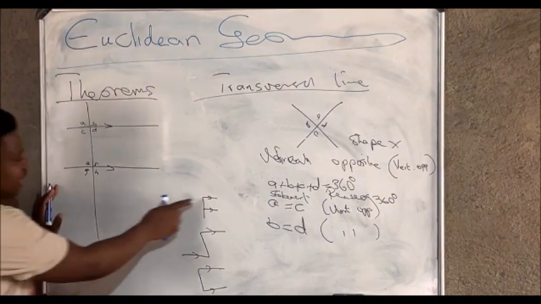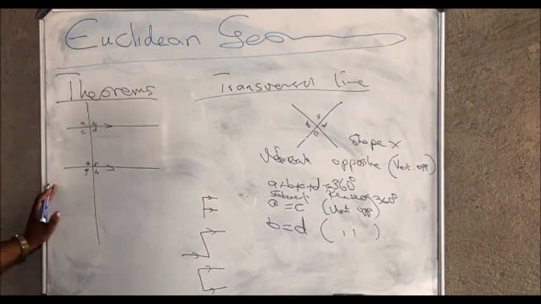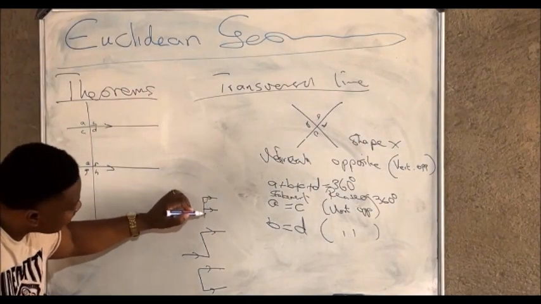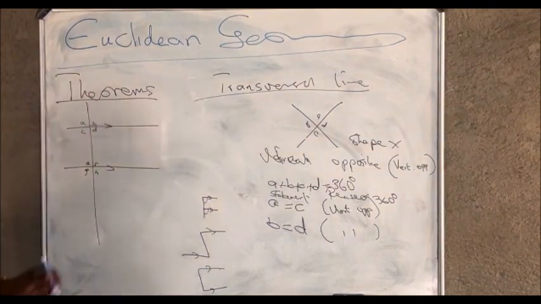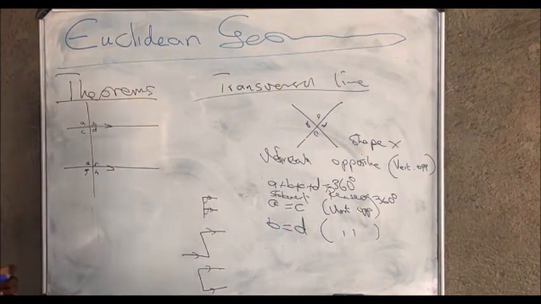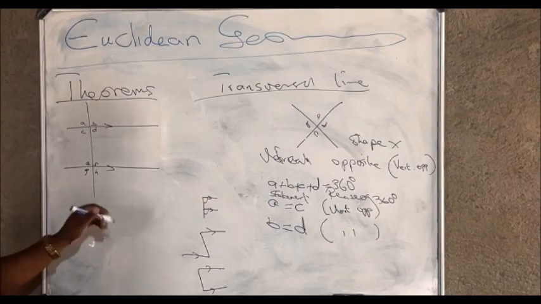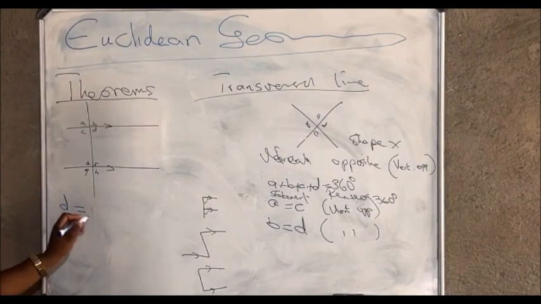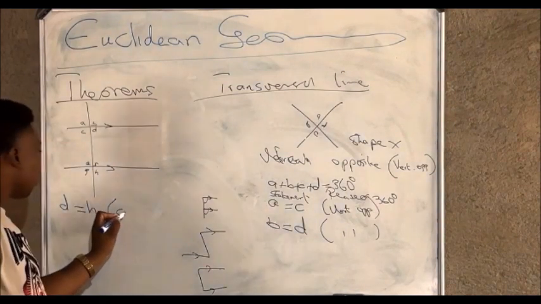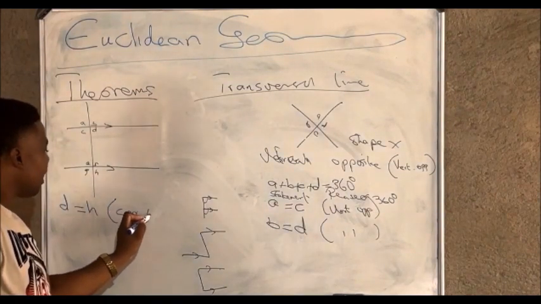Now let's look at F. In F, the angles that are equal are this angle and this angle. Since I have a reference in my statement, which angles do we see here? Angle D and angle A. Angle D is equal to angle A. The reason is corresponding angles.